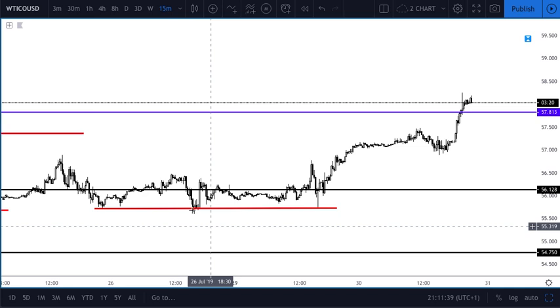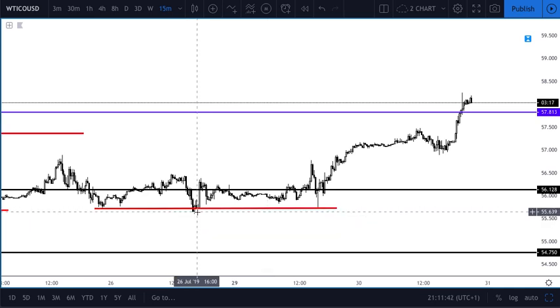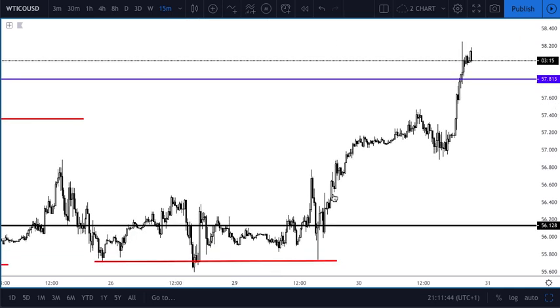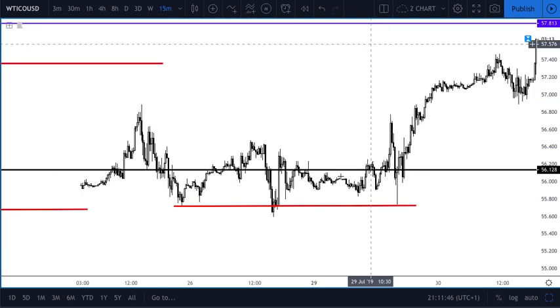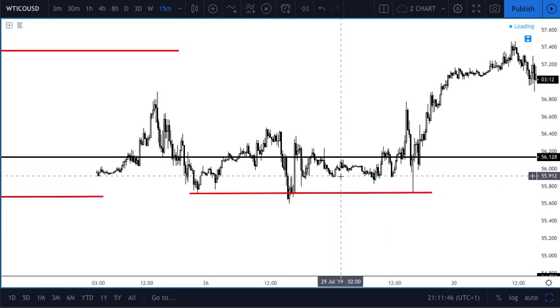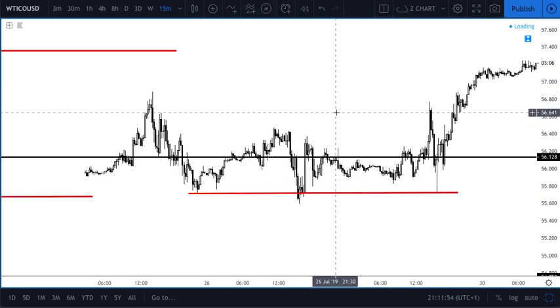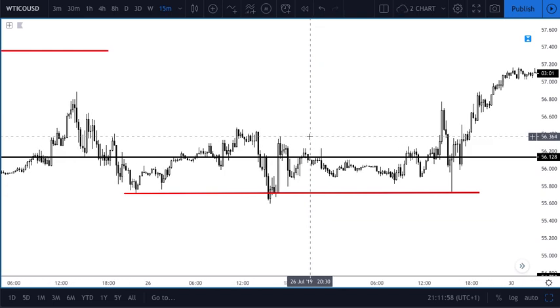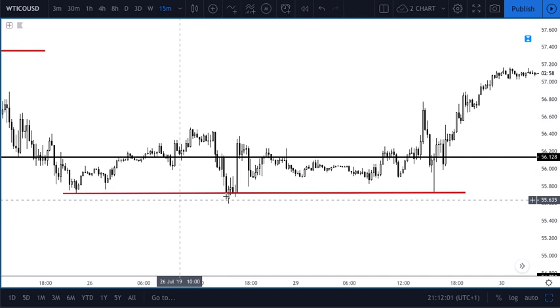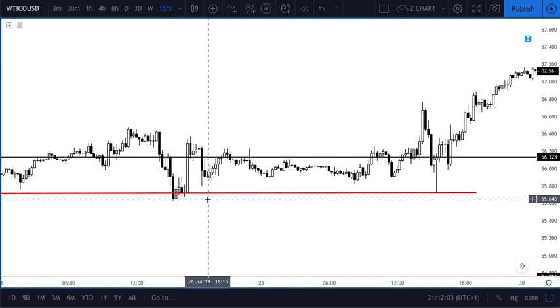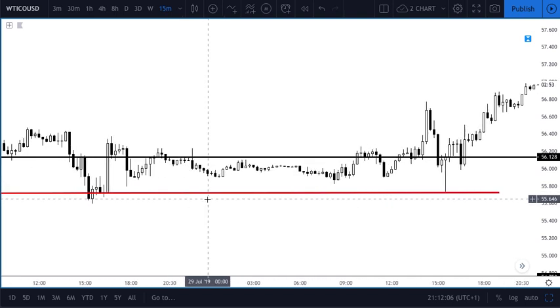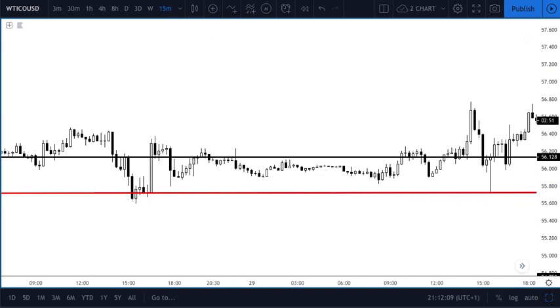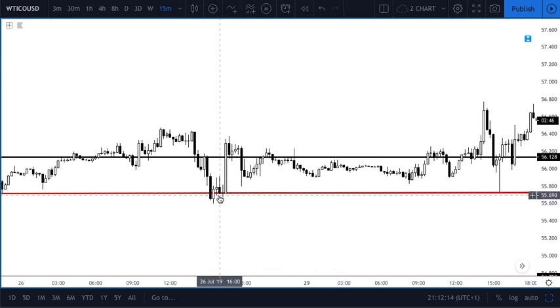So here, the hourly closed at 4 o'clock. As you can see, with this SFP, the hourly would have shown a wick just here, and it would have closed at 4 o'clock.